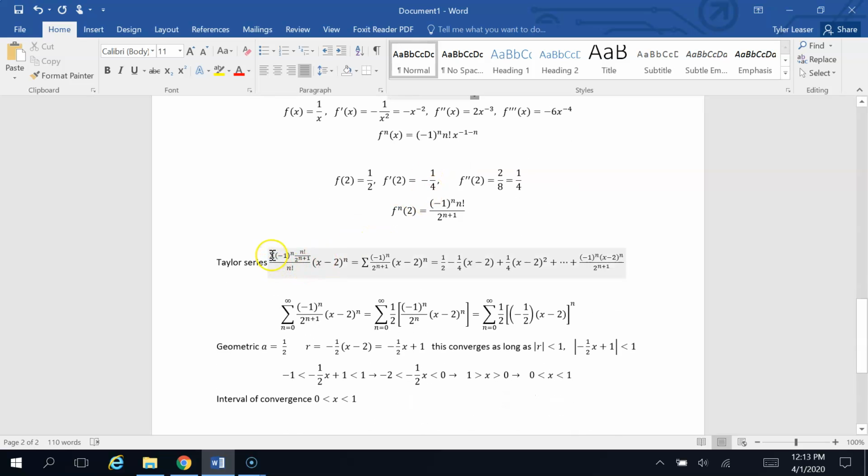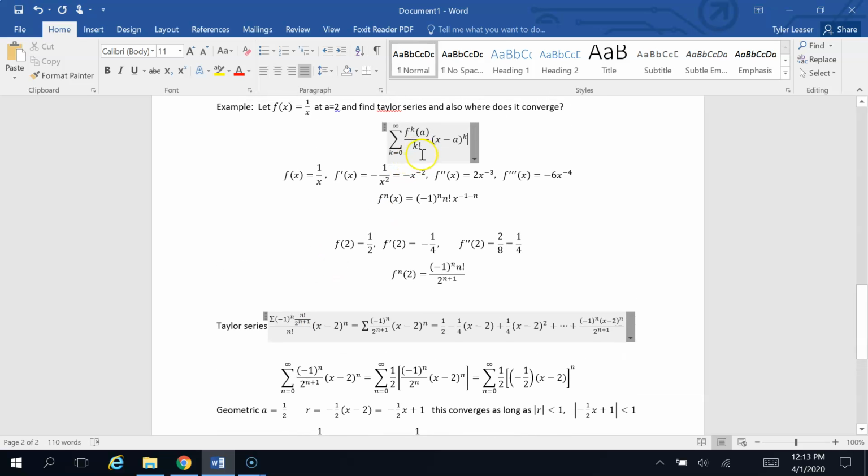So we wrote out our series, the infinite series of that thing, divided by the factorial times x minus the a to the n power or to the k power. I've gone back and forth between k's and n's, but just know that they're the same thing. Simplified it down a little bit by just canceling out these n factorials, and then we wrote out a few of the terms just so you can visualize what 1 over x is centered at 2.